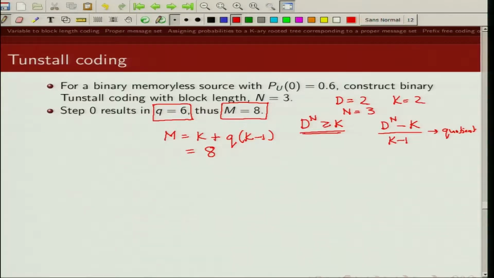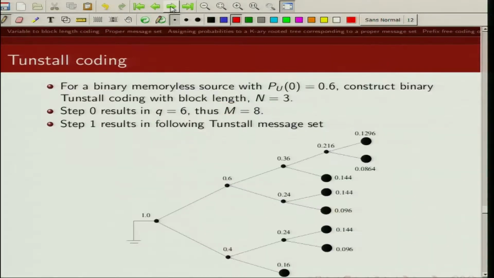What we need to do is 6 extensions of the extended root. So let's do that. So this is a rooted tree, and that's the root. So what I have here at this point is an extended root. The probability of 0 is 0.6, that's given by this, and the probability of 1 is given by this.